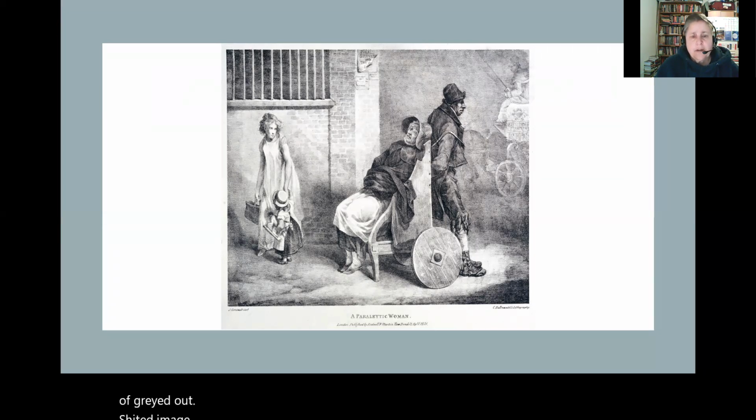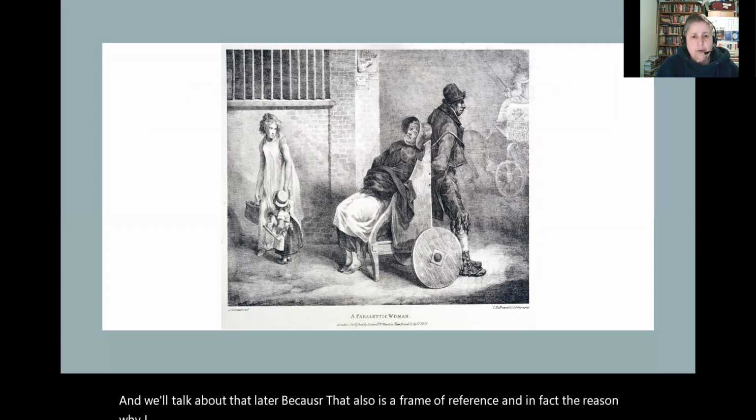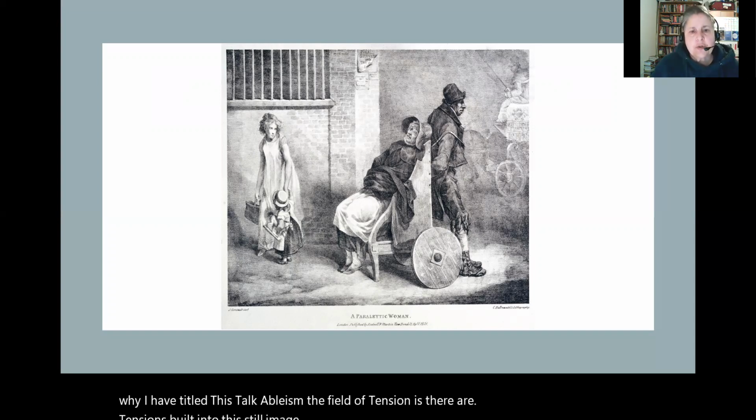And we'll talk about that later, because that also is a frame of reference. And in fact, the reason why I have titled this talk Ableism, the Field of Tension, is there are tensions built into this still image, which are captured by these 3 frames that are just juxtaposed with each other.